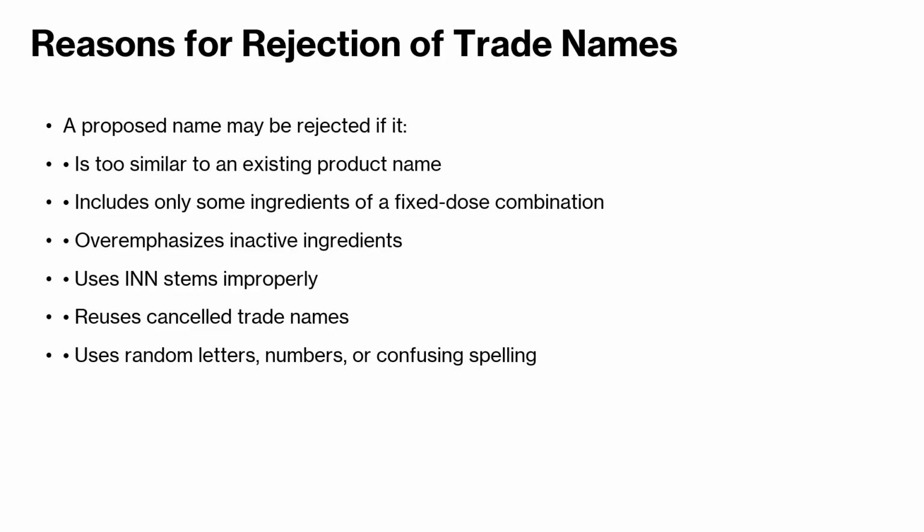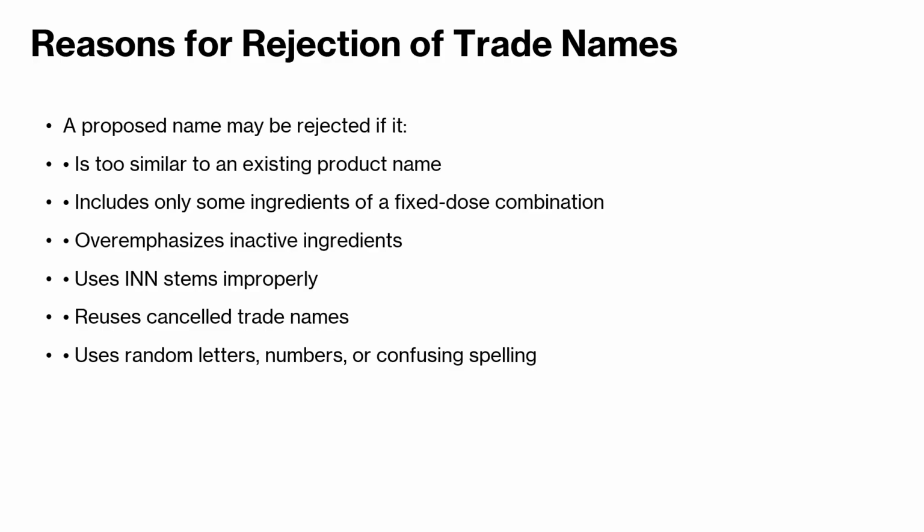Using an ingredient stem improperly is also considered a criterion for rejection. Reuse of a cancelled trade name is also considered because there are chances of error in the medications, so that is not accepted as a trade name.